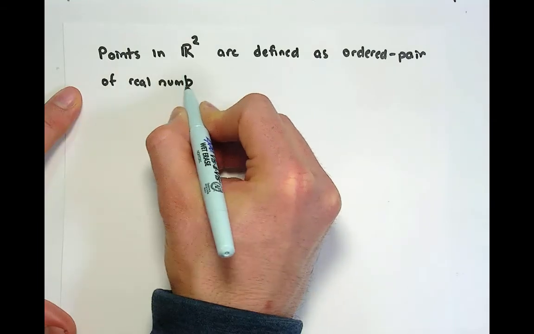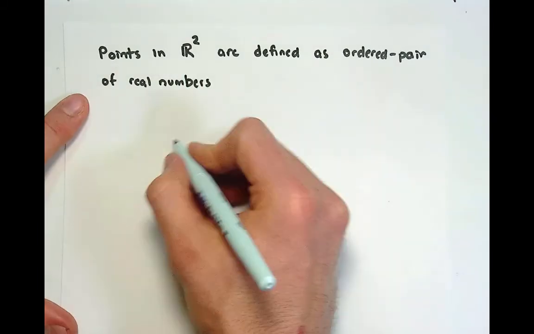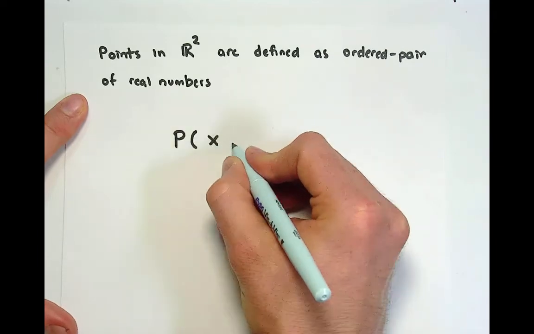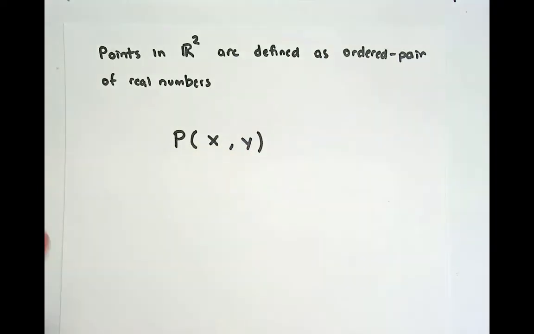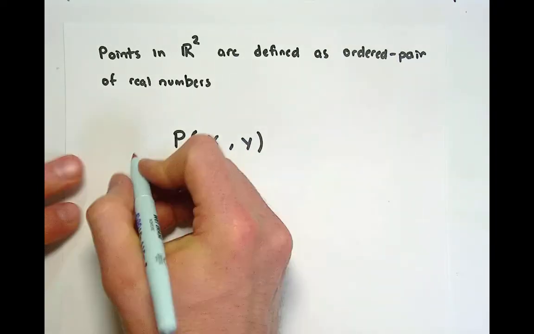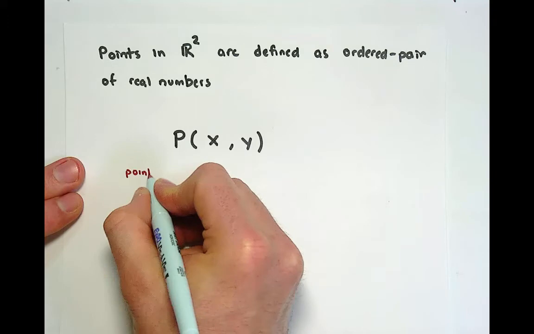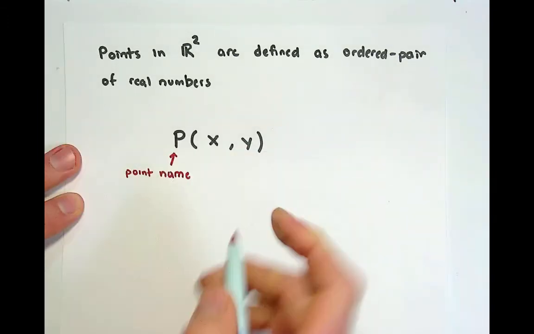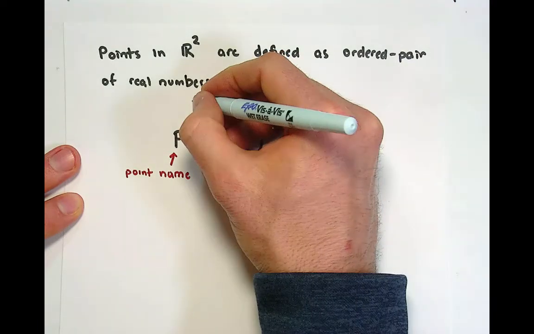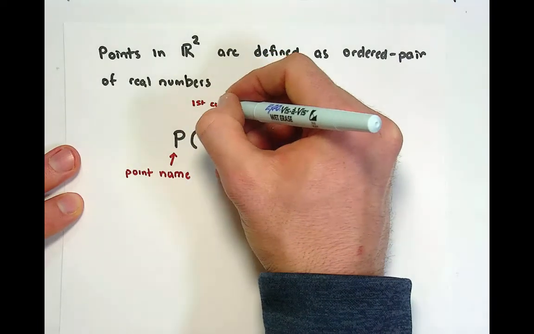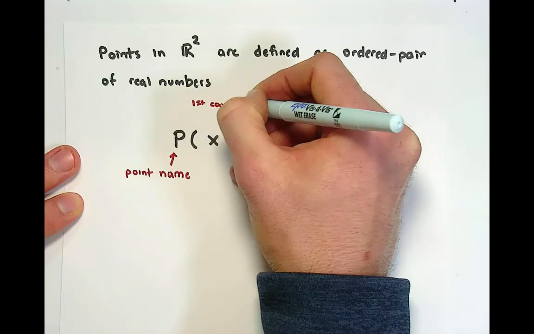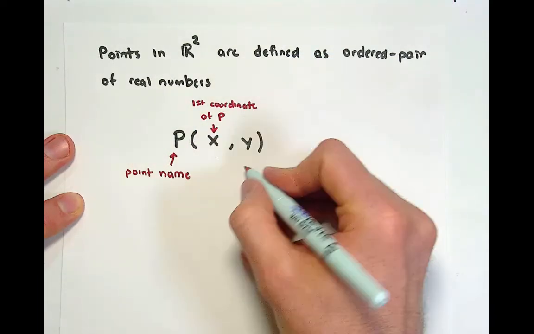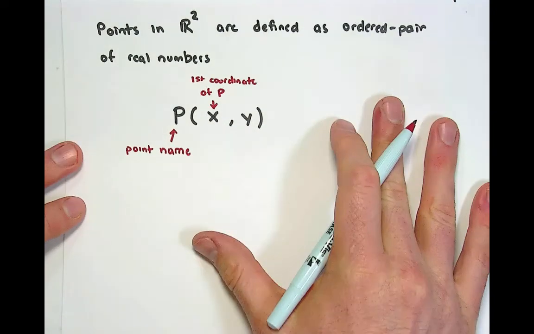And in general, this will have a very specific notation. So we say that a point in R2 has a name. We call this the point name. So in this case, the point name is going to be P. And then the thing on the left is going to be called the first coordinate of point P, and the thing on the right is going to be called the second coordinate of point P.